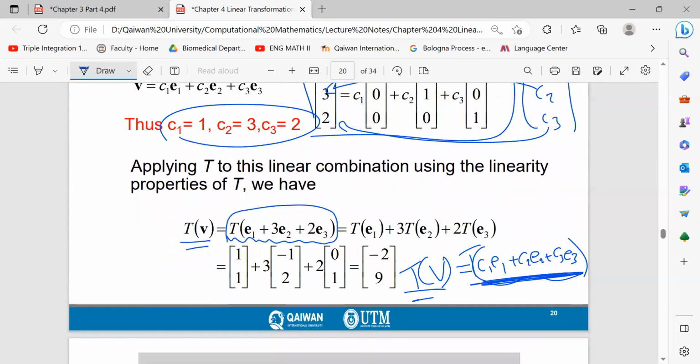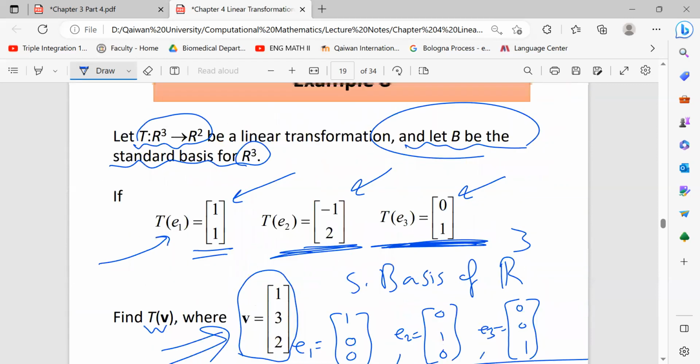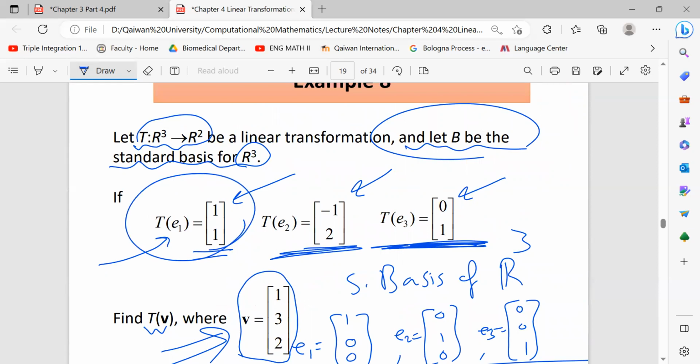Here we say it is T of E1 plus 3E2 plus 2E3. This equals T of E1 plus 3, because it's a scalar we can take it out, okay, plus 2 T of E3. What are T of E1, T of E2, and T of E3? They are given. T of E1 is (1, 1).